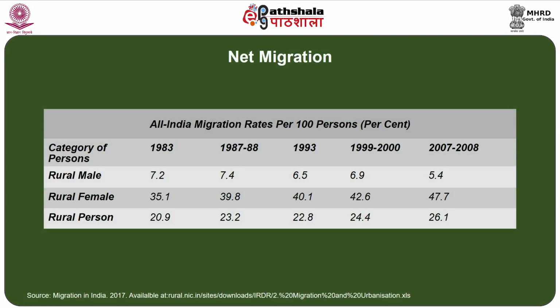If you look at the rural-urban migration and the all India migration rates, for 100%, it clearly indicates that there is a slight increase in rural females, where in 1983 the share of female migrants was 35.1%, steadily showing an increasing trend, and the latest figure of 2007 to 2008 indicates it is almost half of the female population in rural areas who can be declared as migrants, for which a major contributory factor is marriage and other reasons.